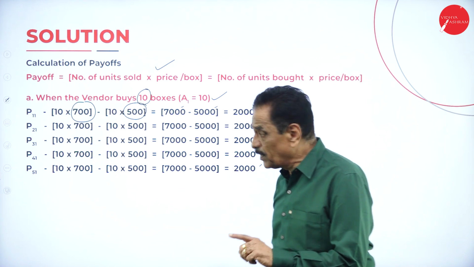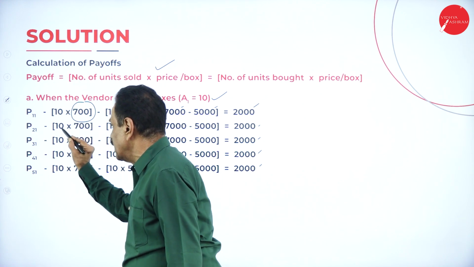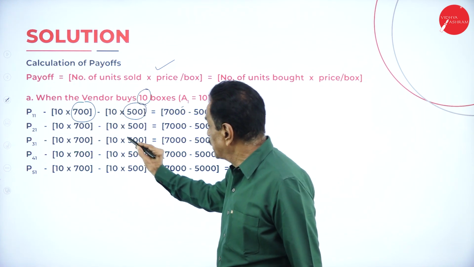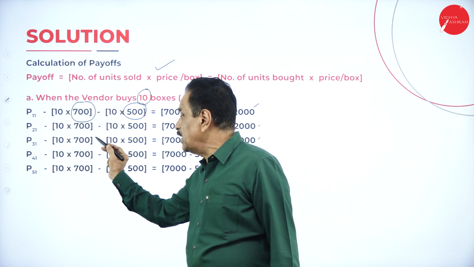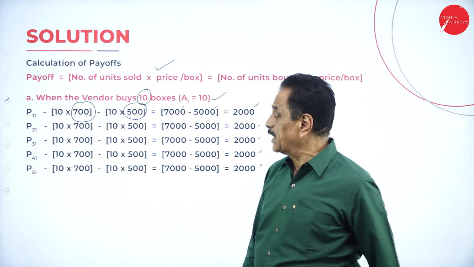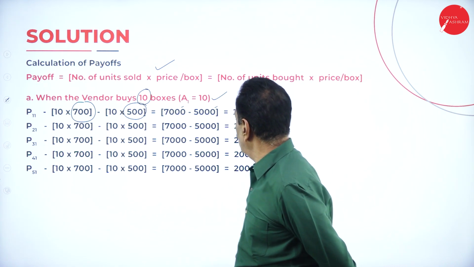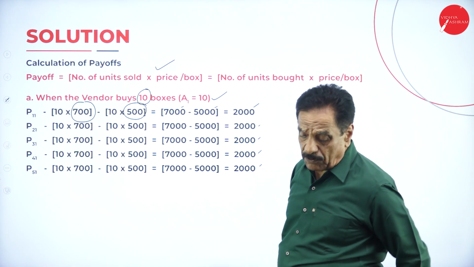So alternately you have to find out 10 into 700, 10 into 500, and so on for each column.